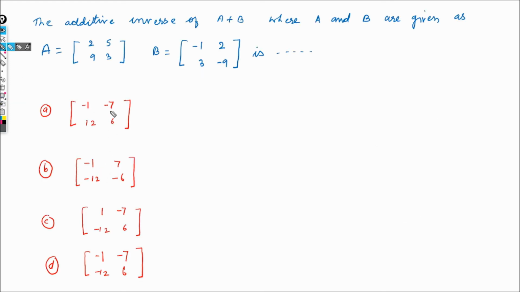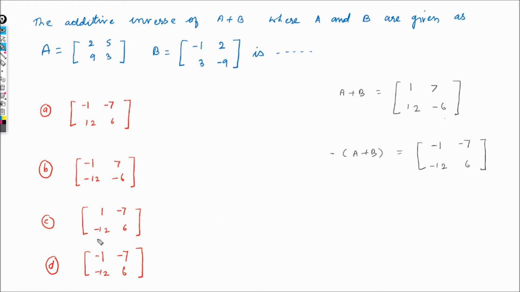So let us understand one more important question: the additive inverse of A plus B. So A plus B will be a matrix. 2 plus minus 1 means 1, 5 plus 2 means 7, 9 plus 3 is 12, 3 minus 9 means minus 6. The additive inverse means minus of A plus B, multiplying each element by minus.